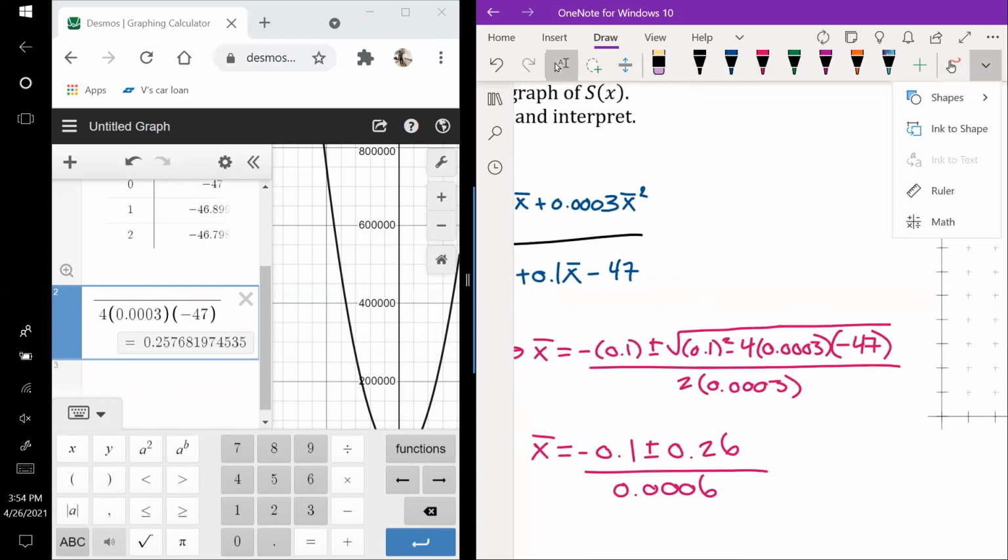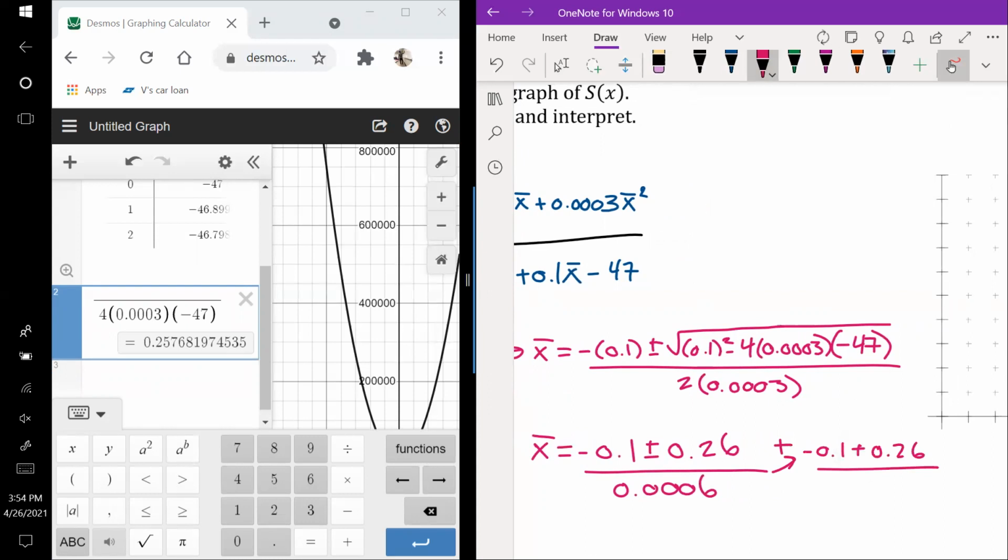Okay, and now just a little more cleanup. We're going to have 2 answers here. For the plus route, -0.1 plus 0.26 over 0.0006.